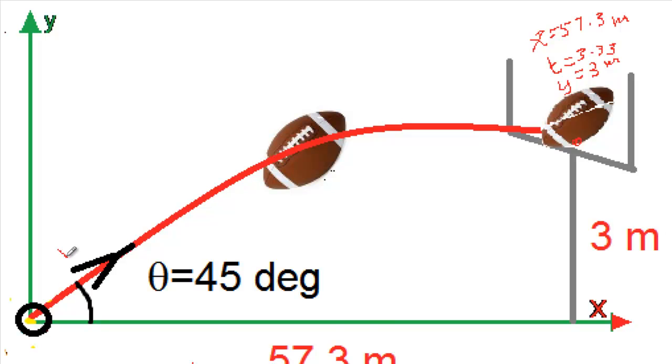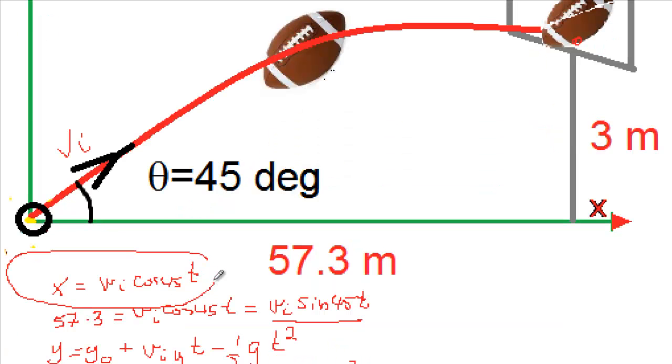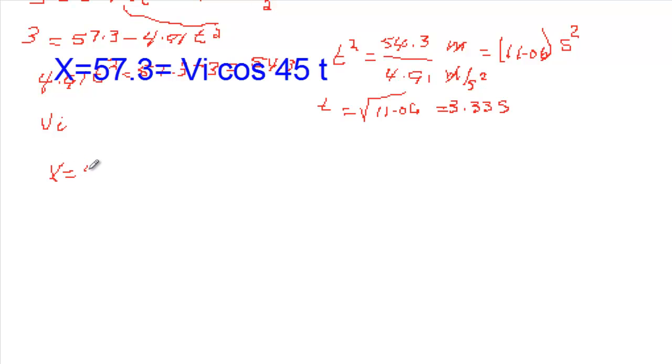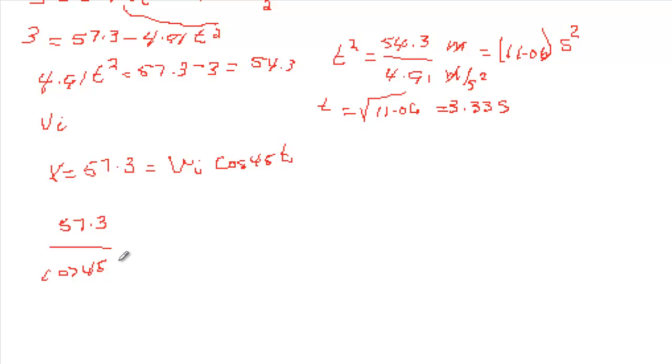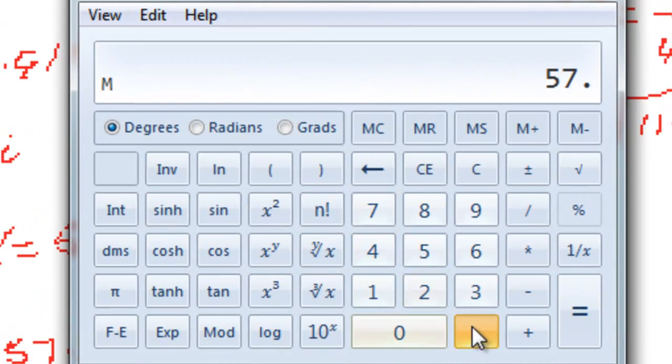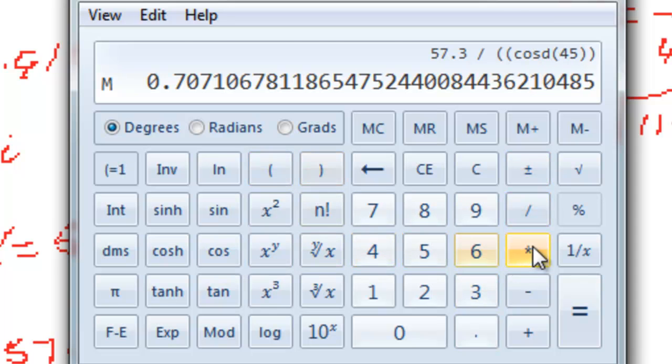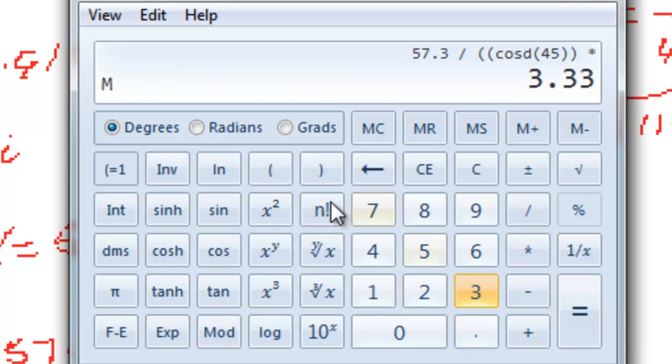And to figure the initial velocity, we could use this one here. X, which is 57.3 meters, equals initial velocity, cosine 45 times time. 57.3 divided by cosine 45 times time, which we know time was 3.33 seconds, equals initial velocity. 57.3 divided by cosine 45 times 3.33.